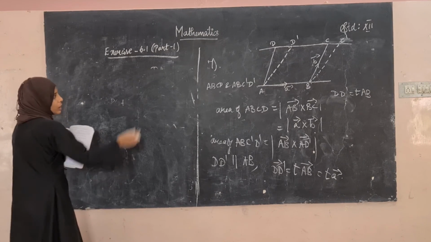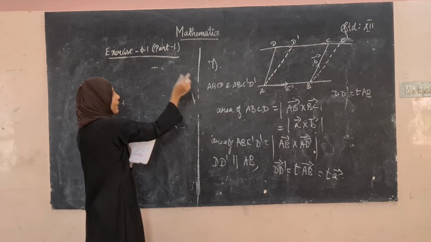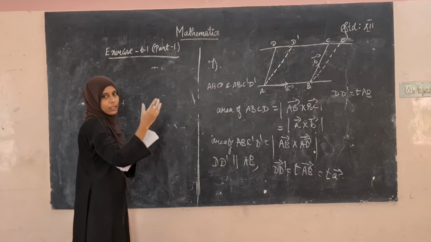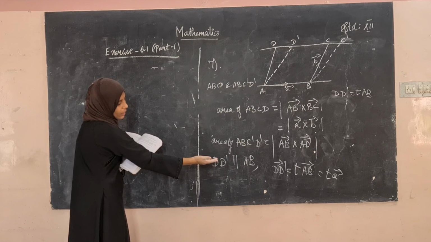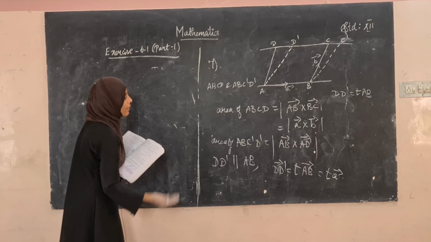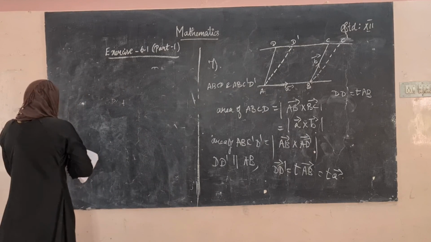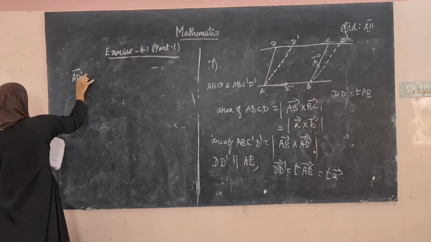So what we have found is the value of D dash. We know D dash is parallel to AB and will be equal to some length times AB, which we take as the constant T into AB vector. We know AB vector is equal to A vector, so T into A vector. After this, what is AD dash vector?